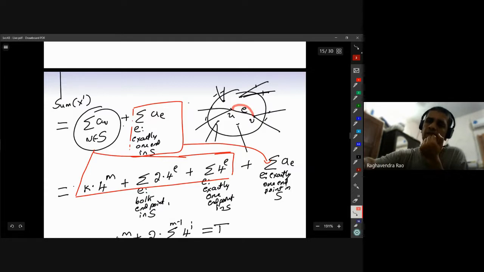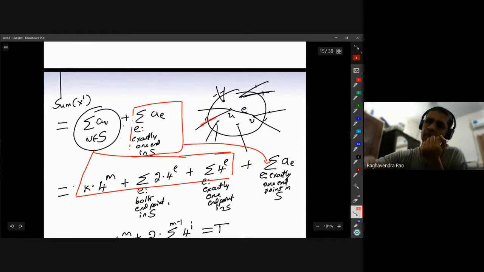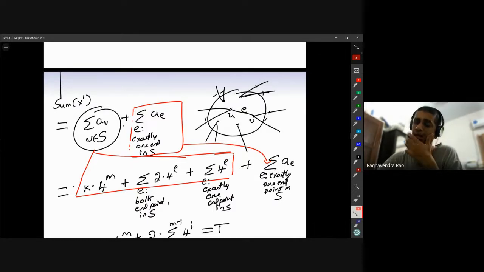What is the contribution we have? One from U's side, so when I consider A_U, I'll get 4 to the E, as well as when I consider A_V, I'll get 4 to the E. So that will be 2 times 4 to the E, running over all edges where both endpoints are in S. But there are also edges which have exactly one endpoint in S, and each of them will contribute 4 to the E, where E is the label of that edge.